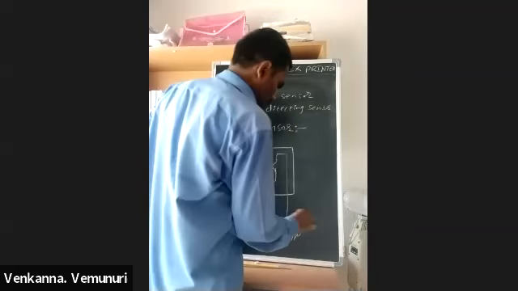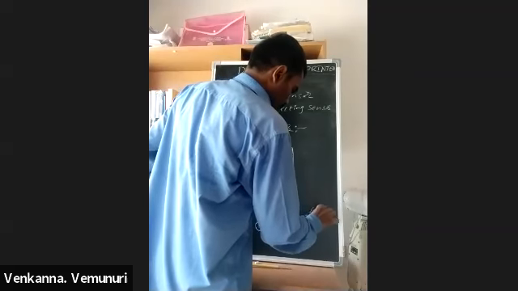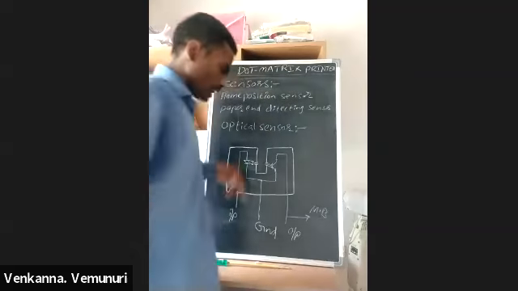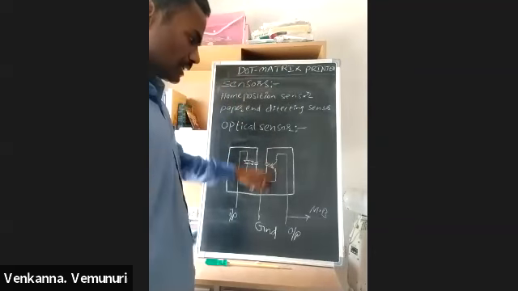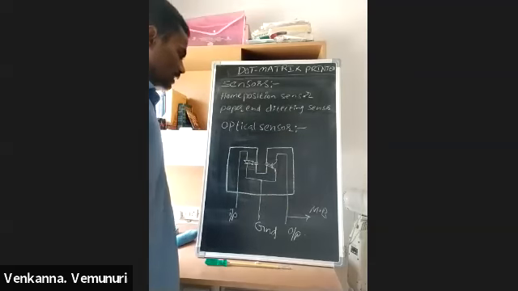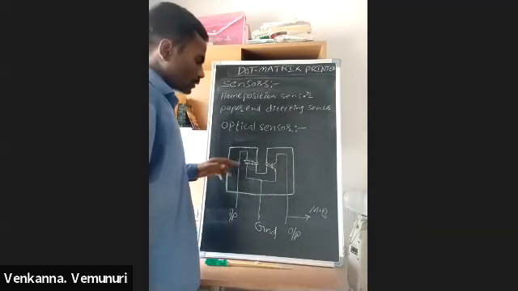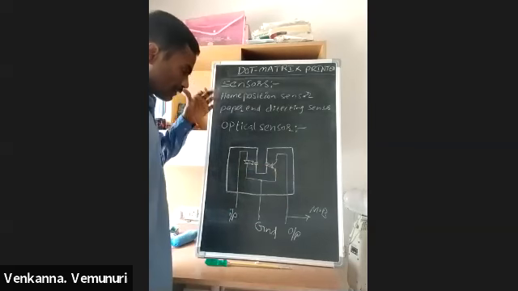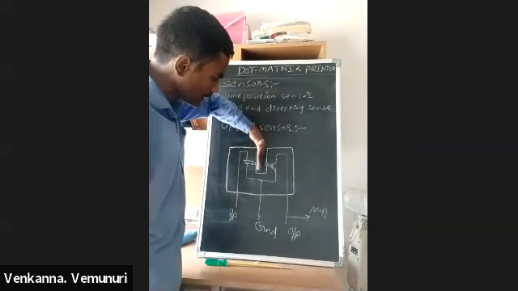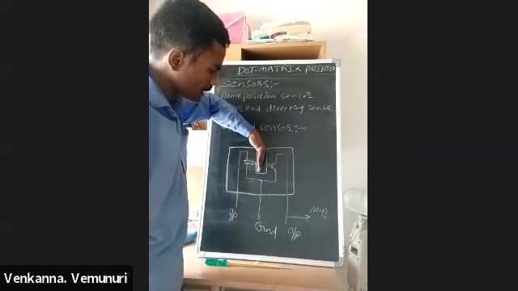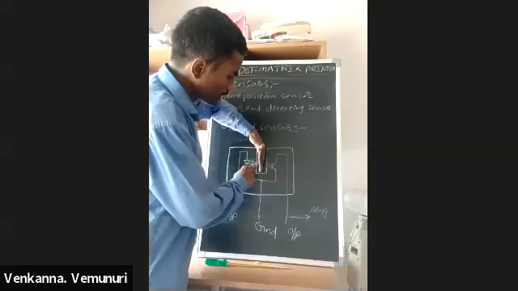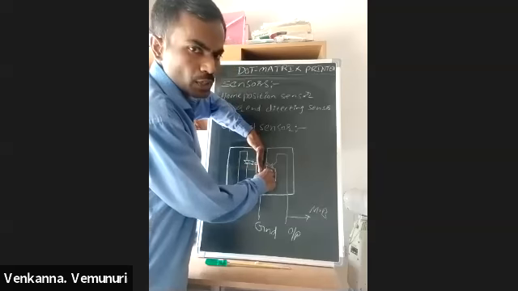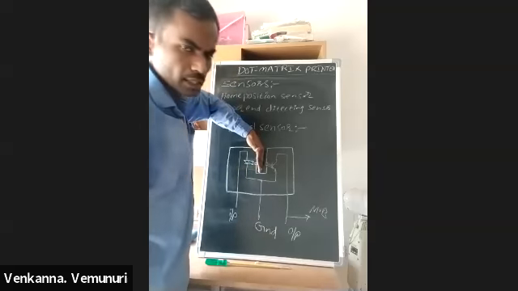It is connecting to the motherboard. The motherboard has many sections. Now the circuit is closed. If any object is moving in this place between them, the light does not reach here, and the circuit is open.